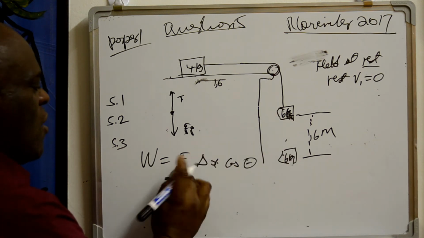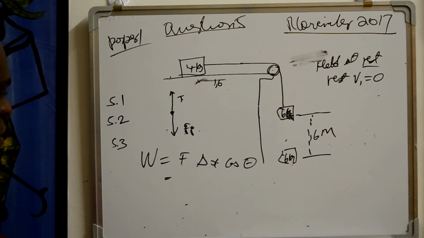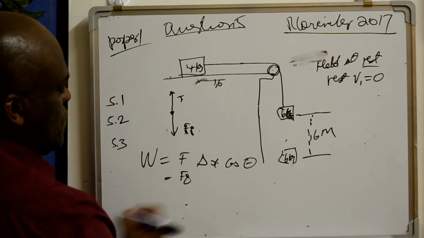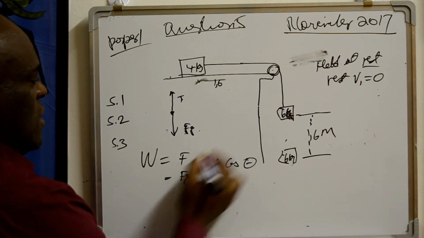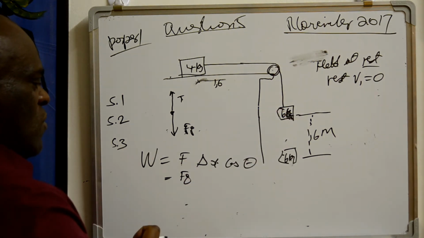What is my force? It's F delta x cos theta. What is this force that is acting? It's the force of gravity, which is Fg, because the force acting there is Fg.